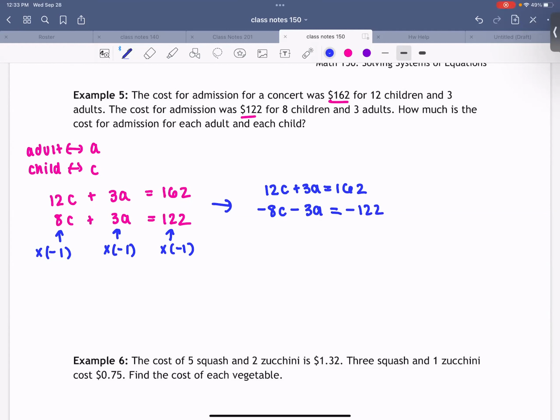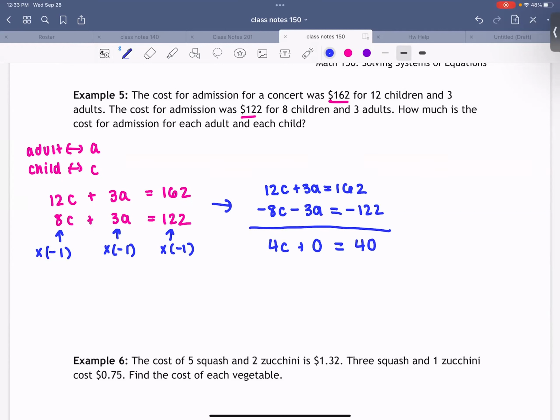Now we're at a point where we can add the equations. All right, what's 12c minus 8c? 4c, right? What's 3a minus 3a? 0, good. And what's 162 plus -122? 40, good.